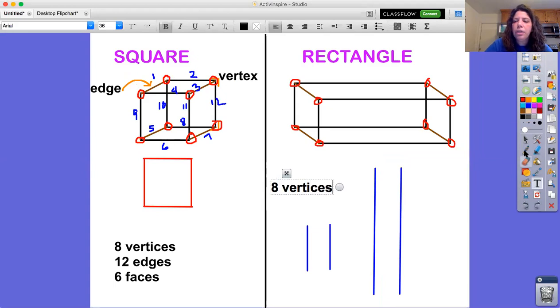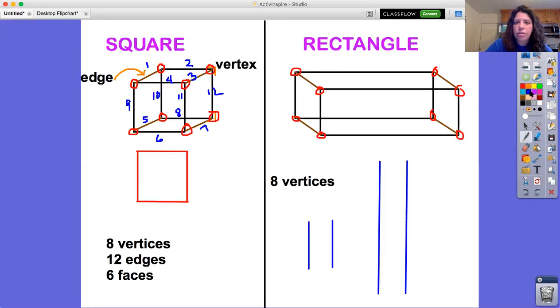Now I'm going to take a look at my edges. Again, I'm just going to start on one end. So I'll just start right here. 1, 2, 3, 4. Go to the other side. 5, 6, 7, 8.